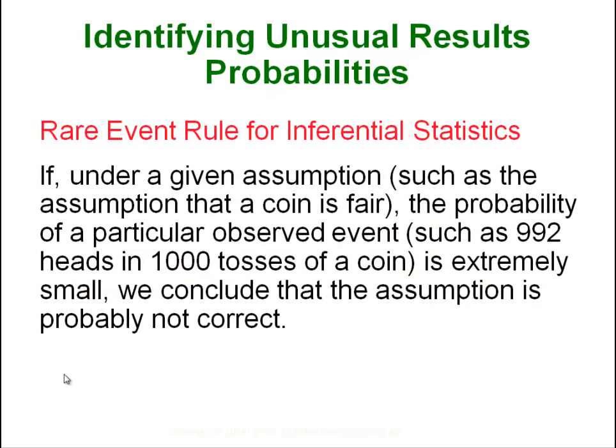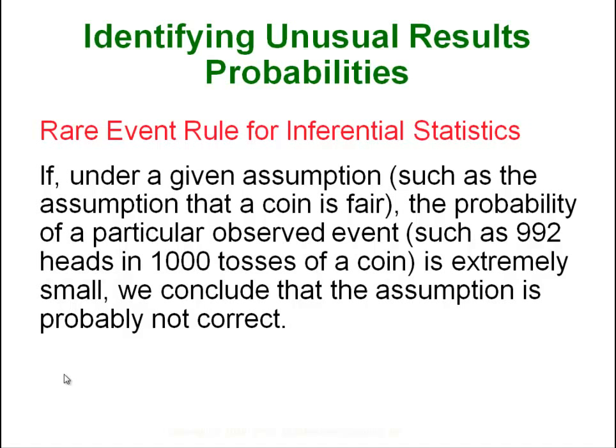Okay, the rare event rule is very similar to the unusual rule. It's just another way of stating that if we're living in a certain world under certain given assumptions, it would be very unlikely to experience a certain outcome to an experiment. So in this particular example, the assumption we're making is that a coin is fair. It's balanced, it should come up heads and tails evenly.